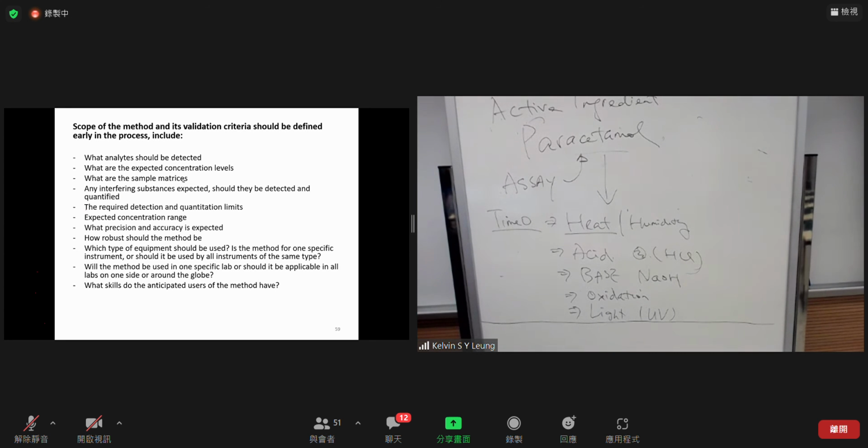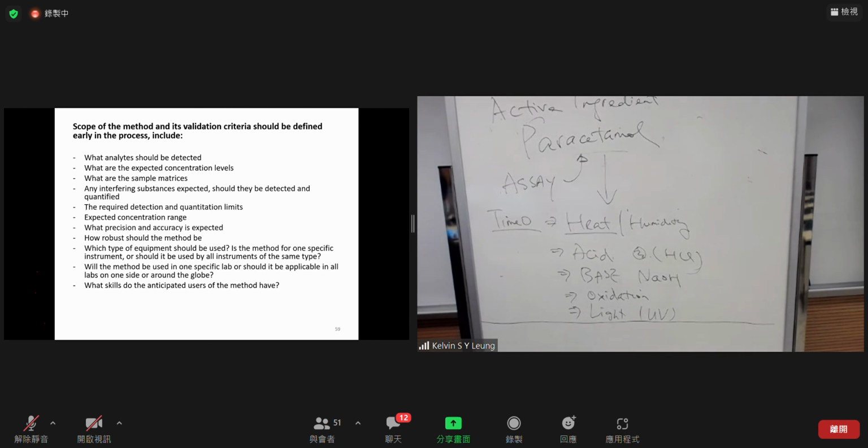And these are also some of the early processes that you have to consider, and some of them have already been covered. Make sure you know what analyte you detect. You have to design your expected concentration levels, any interfering substances, the LOD and LOQ, and what kind of instrument you would like to use.